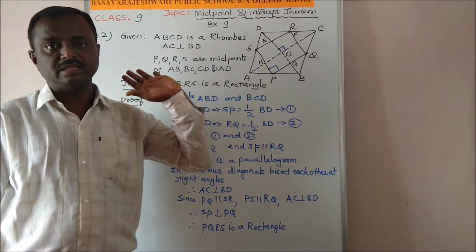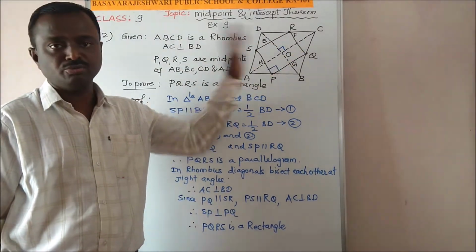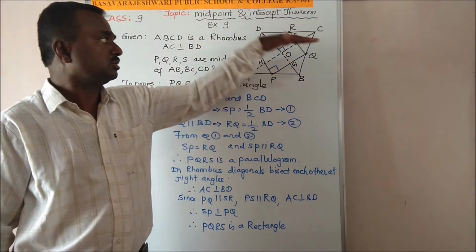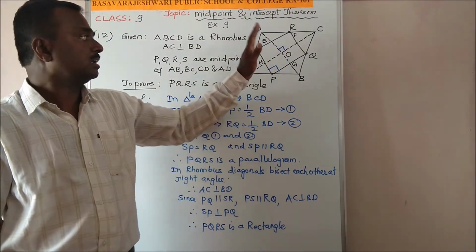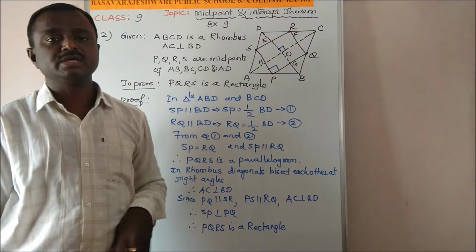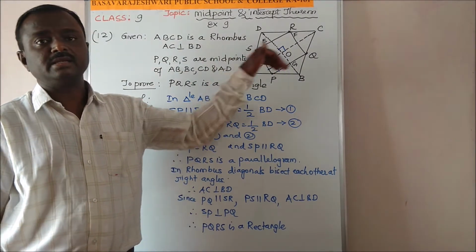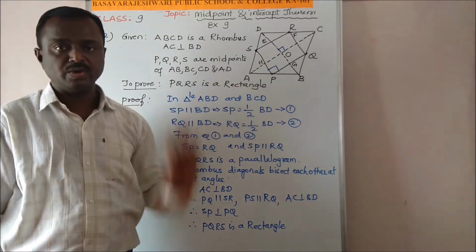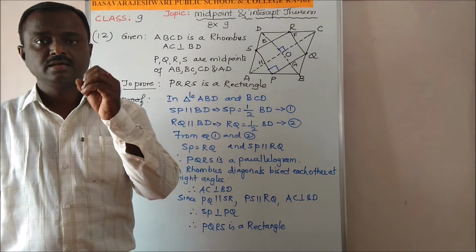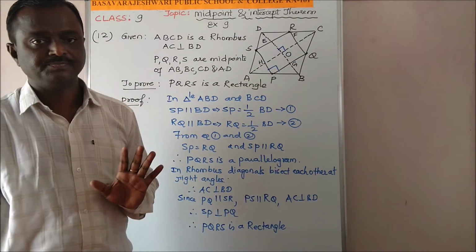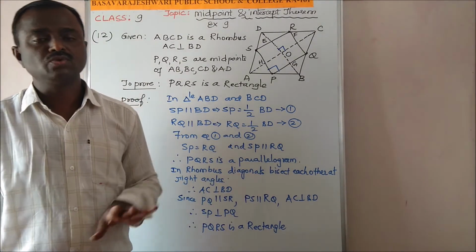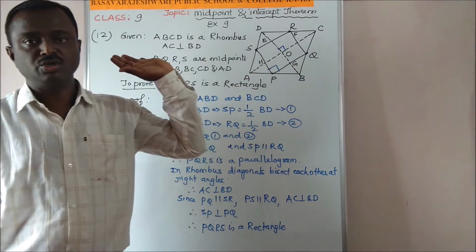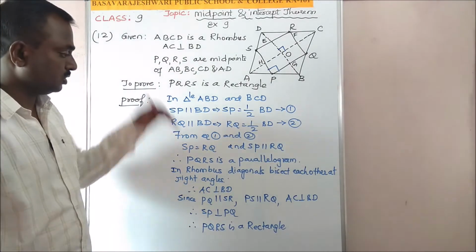Therefore, SP is perpendicular to PQ, RQ is perpendicular to PQ, RQ is perpendicular to SR, and PS is perpendicular to SR. Like that, all the angles of the parallelogram PQRS are 90 degrees. Therefore, PQRS is a rectangle. So note this down.